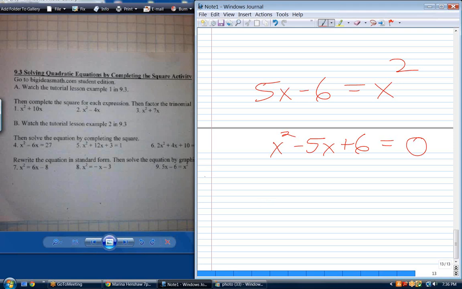Okay, what's the vertex x coordinate? It'd be 5 over 1, so it'd equal... What's a?